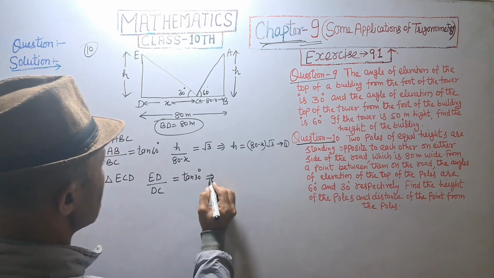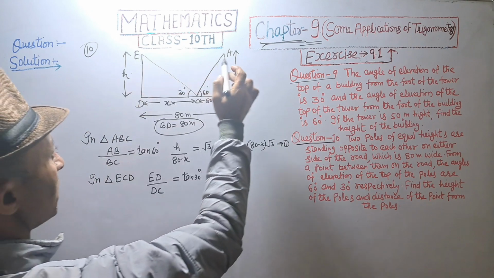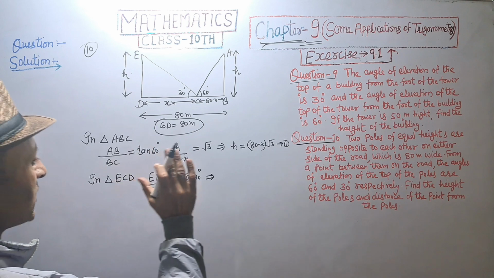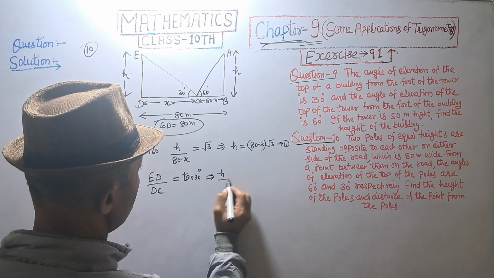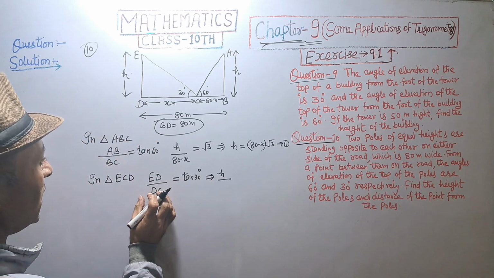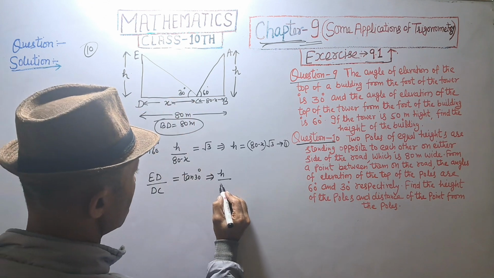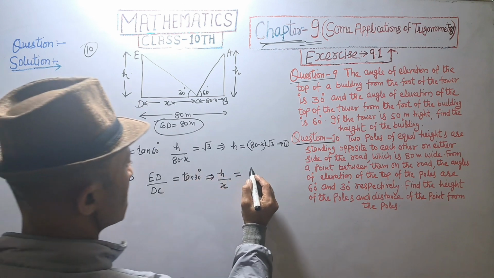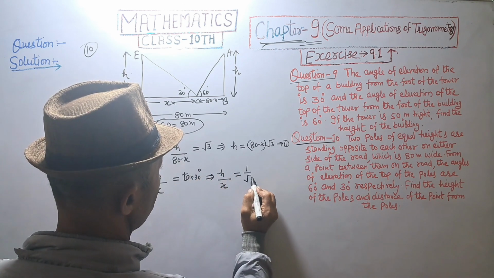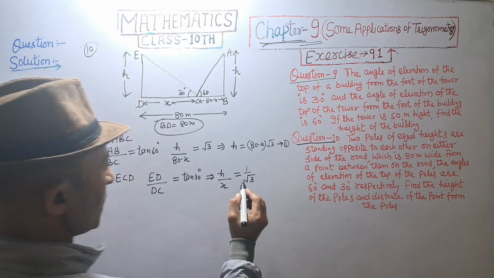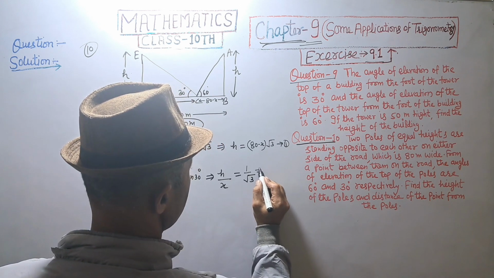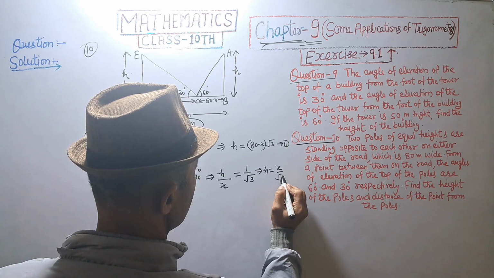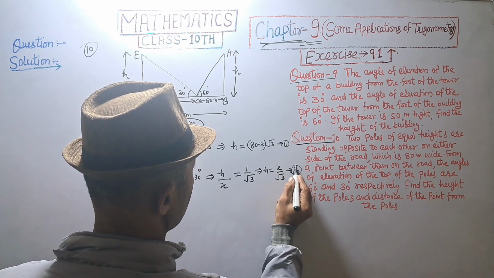This implies ED is same as AB, equal height, that is H, divided by DC. DC equal to X. Tangent 30 is equal to 1 upon √3. This implies H is equal to X upon √3. It's equation number second.